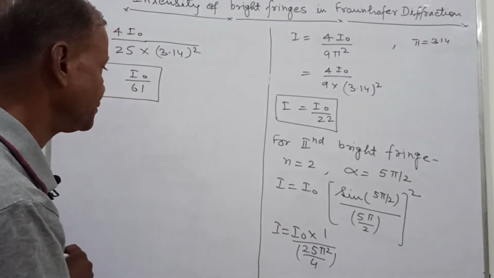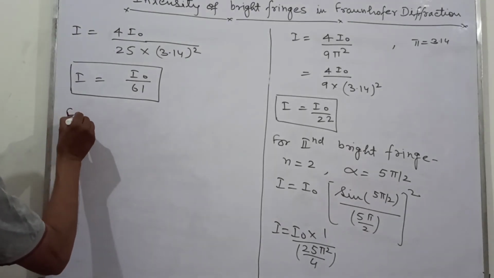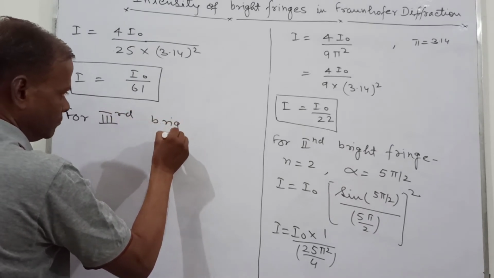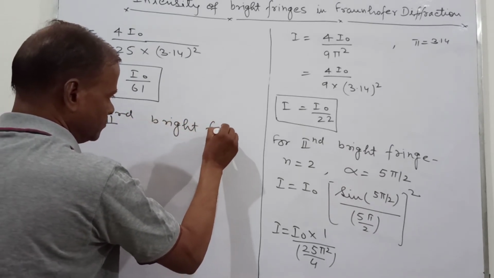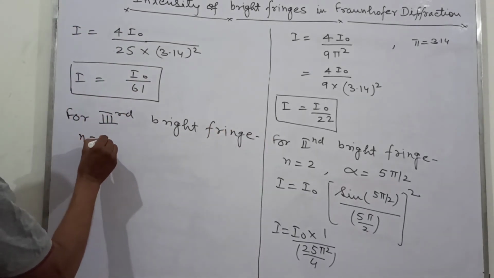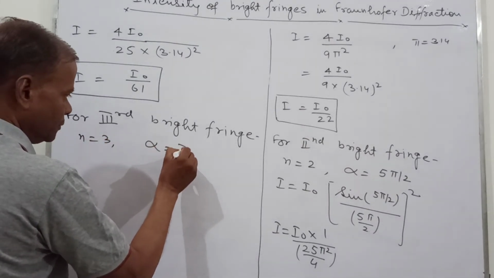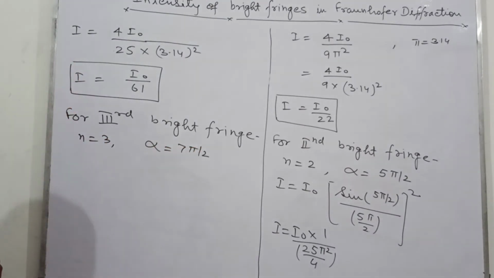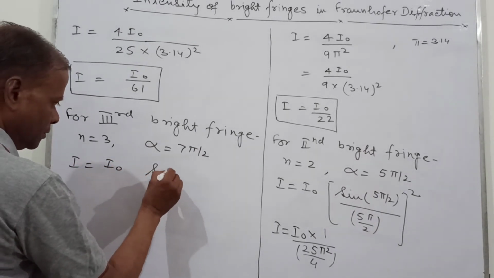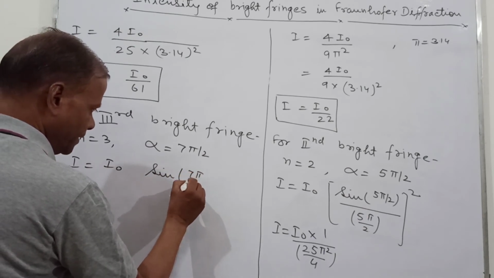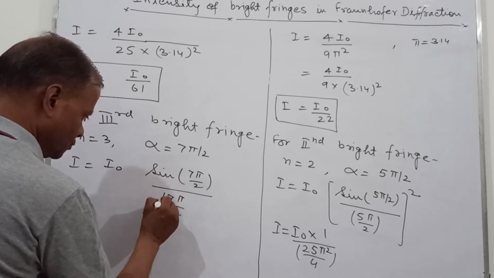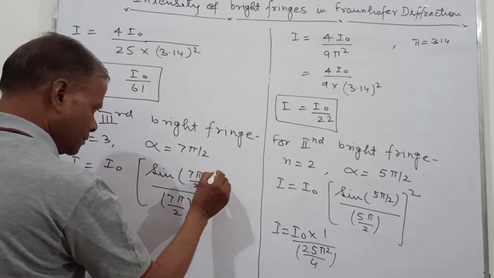Now for the third Bragg fringe, this n is equal to 3, so alpha equal to 7 pi upon 2. Now then I equal to I naught into sin 7 pi upon 2 upon 7 pi upon 2, and this is now whole square.